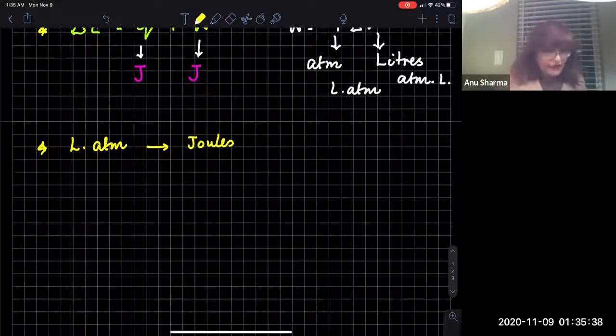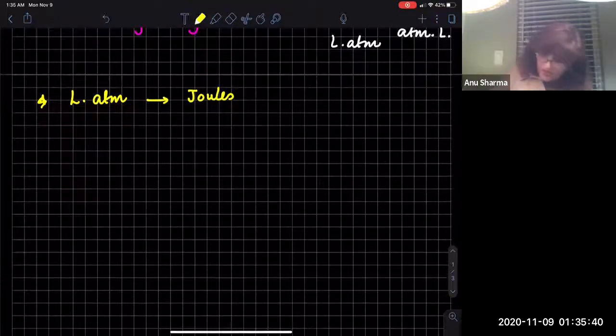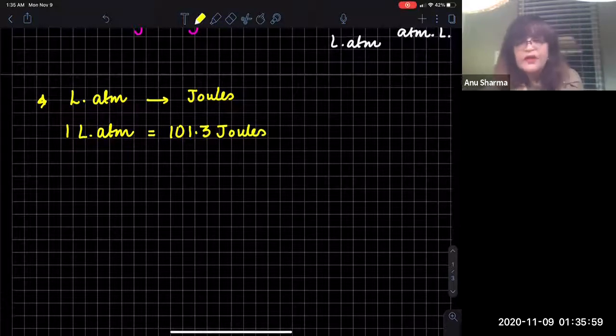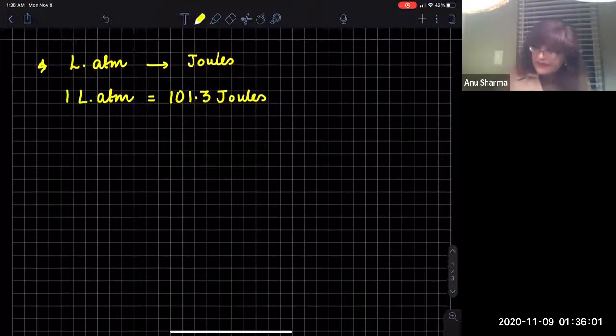And we are given that 1 liter dot atmosphere is equal to 101.3 joules. So this is what is given to us.